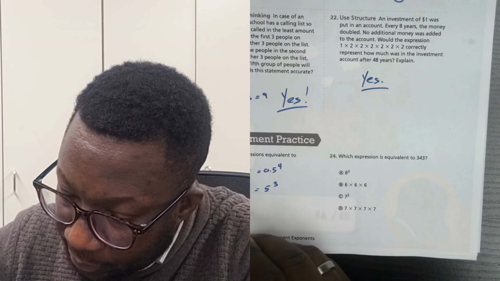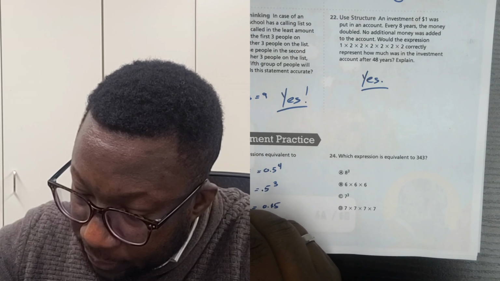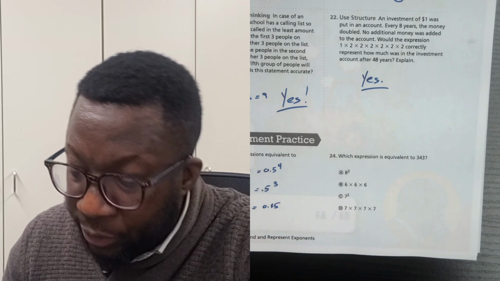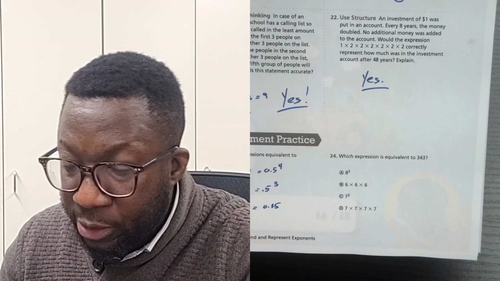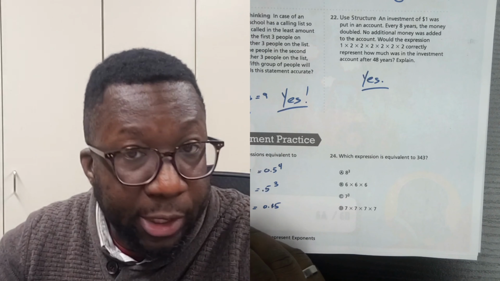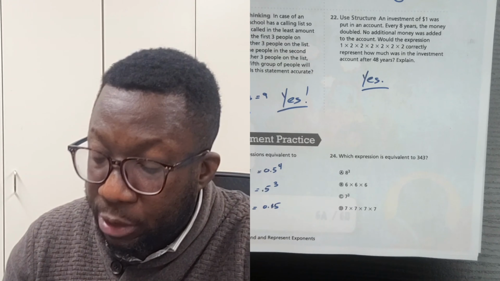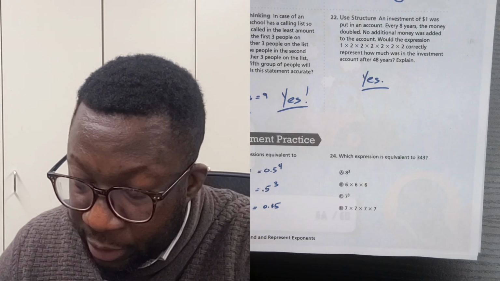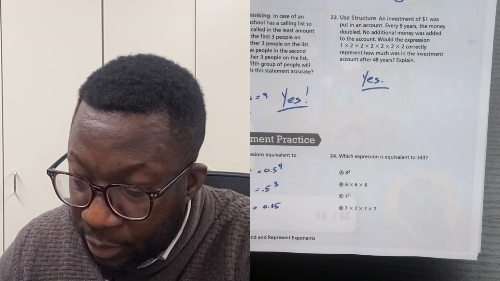I think the company meant for it to be this, but they may have forgotten the decimal. So because there is no decimal there, that's why this is incorrect. If the decimal was here, then that would be 0.5 to the third power, but because there isn't a decimal there, that's why it's incorrect. Even companies make mistakes. I always tell you, kiddo, everybody makes mistakes. You see a mistake here, incorrect.